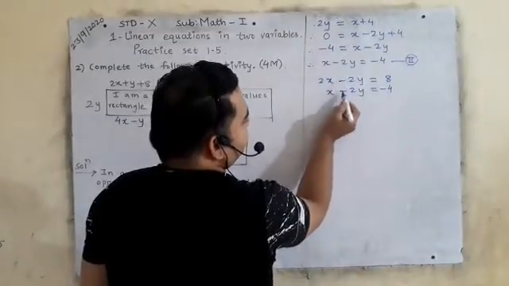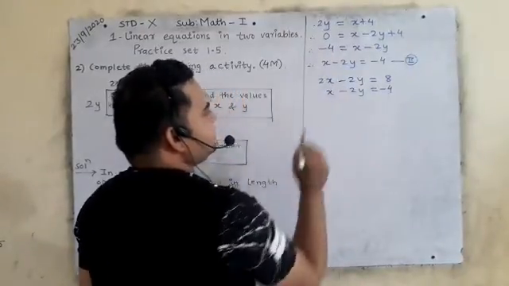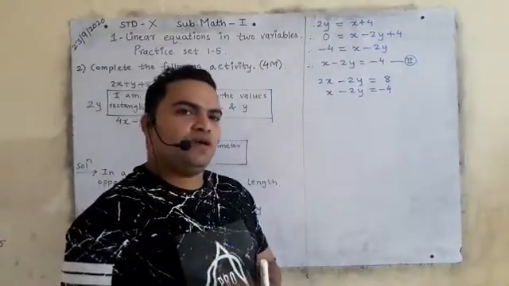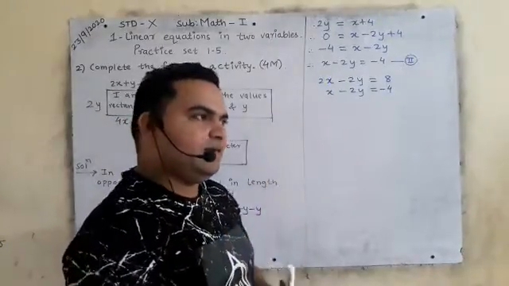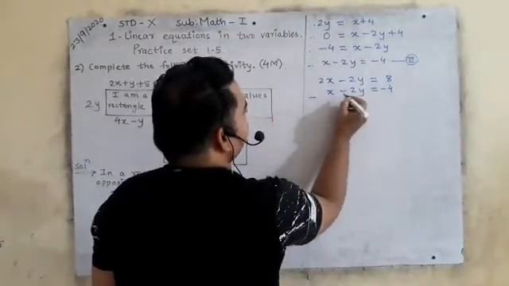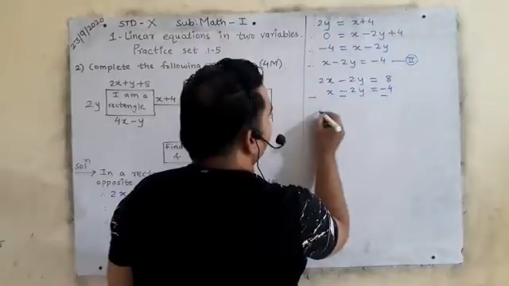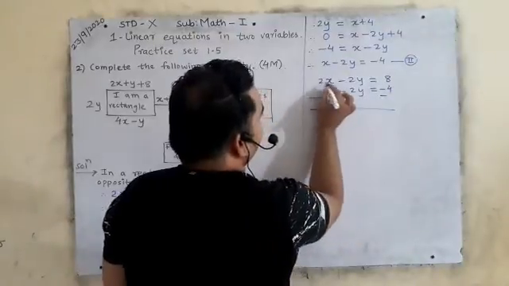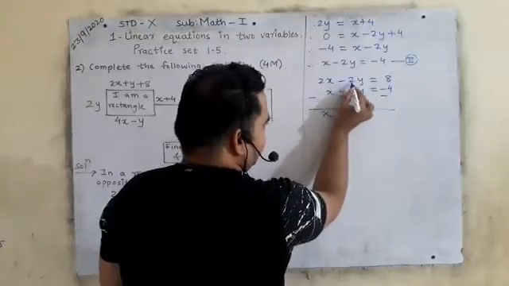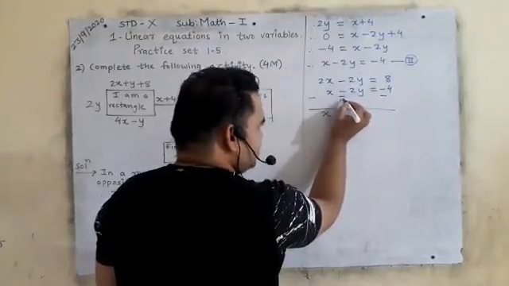See which signs are there, minus, minus. If the signs are the same while solving simultaneous equations, then we have to do subtraction only. Is it clear? So 2x minus x will be x. This minus 2y, and this is minus 2y, and this is again minus.